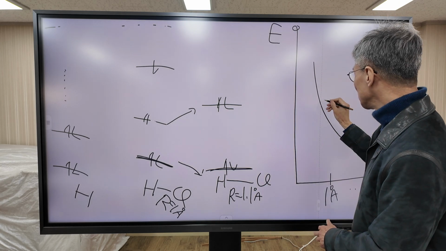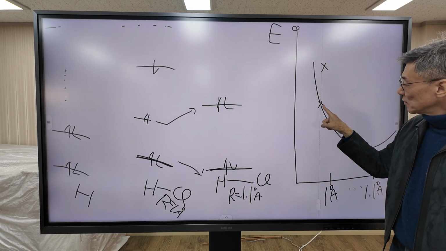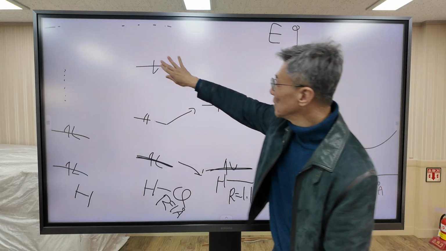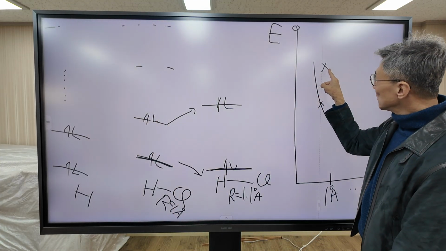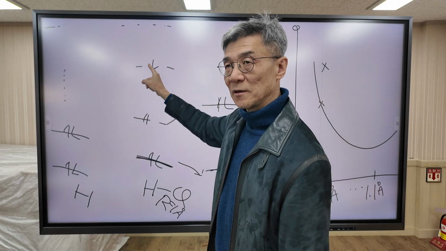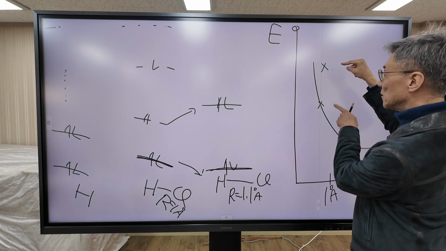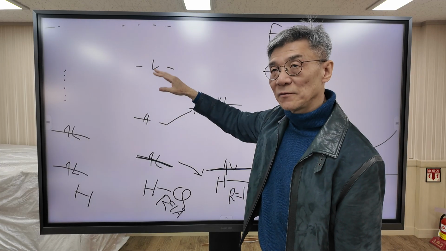So the potential and total energy change. This one corresponds to this configuration, but this energy corresponds to this configuration. This energy is different because the two points correspond to different electronic configurations.